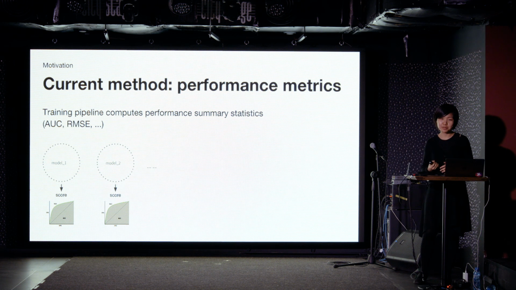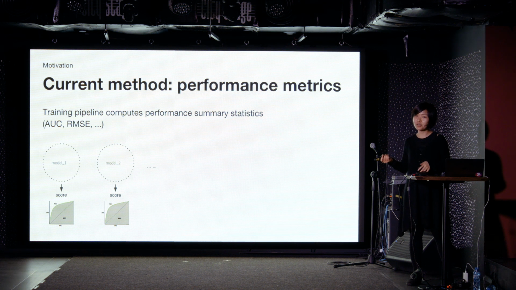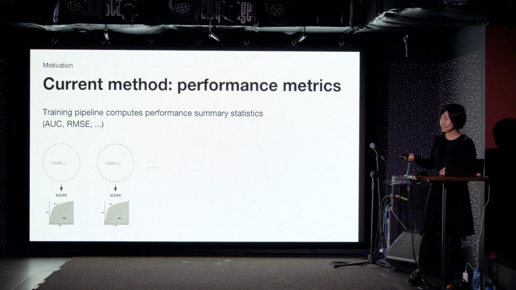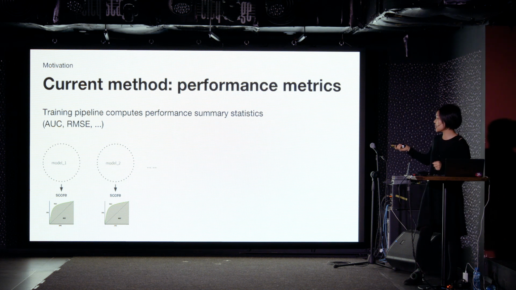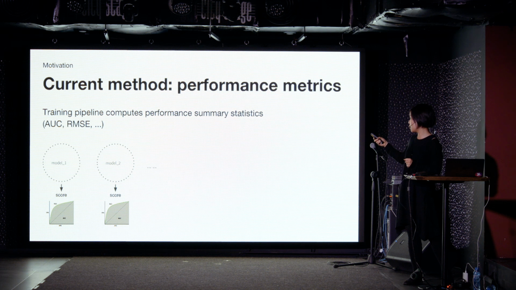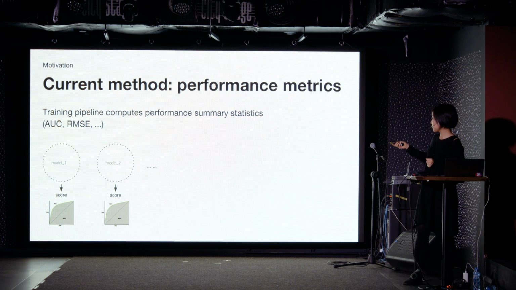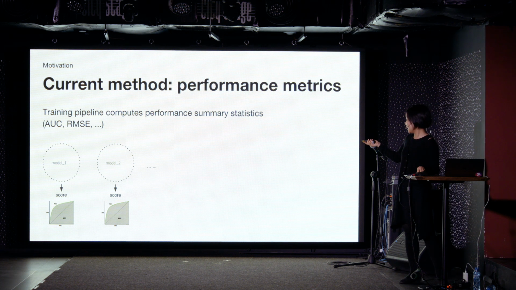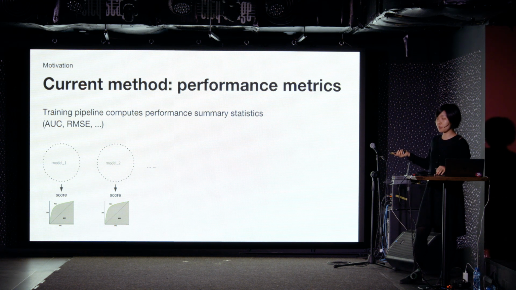Before we had Manifold, the classical way for people to observe and evaluate models was through performance metrics. Performance metrics are scores that are associated with a model. They are generally produced during training time. They are either area under curve for classification models, or, for example, root mean square error for regression models.